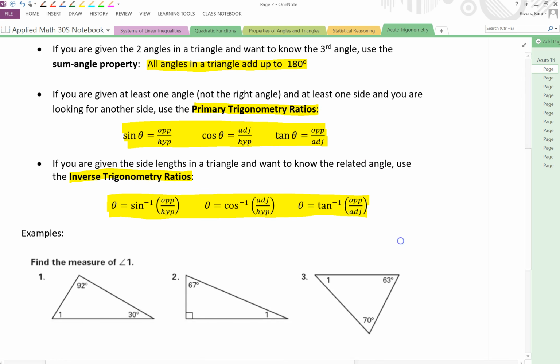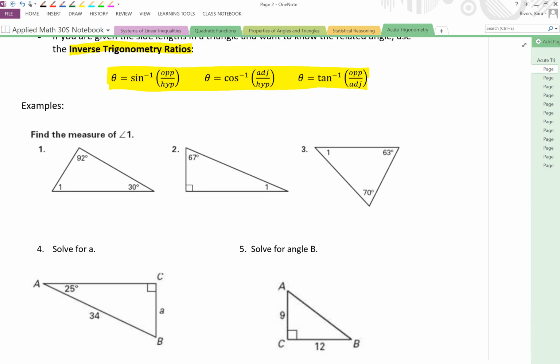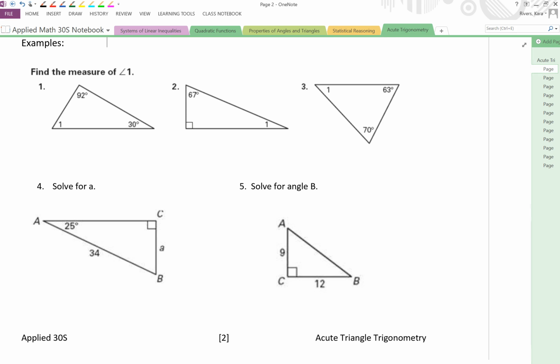Now, let's have a look at example 1. What we're going to do is we're going to see what we're given, what's unknown, and what tool we need to use. So in example 1, it says find the measure of angle 1. Now we have two tools for finding angle measure. We can either use the inverse trig ratios, or we can use the sum angle formula. Now when I look at these questions, I see that I'm already given two angles.